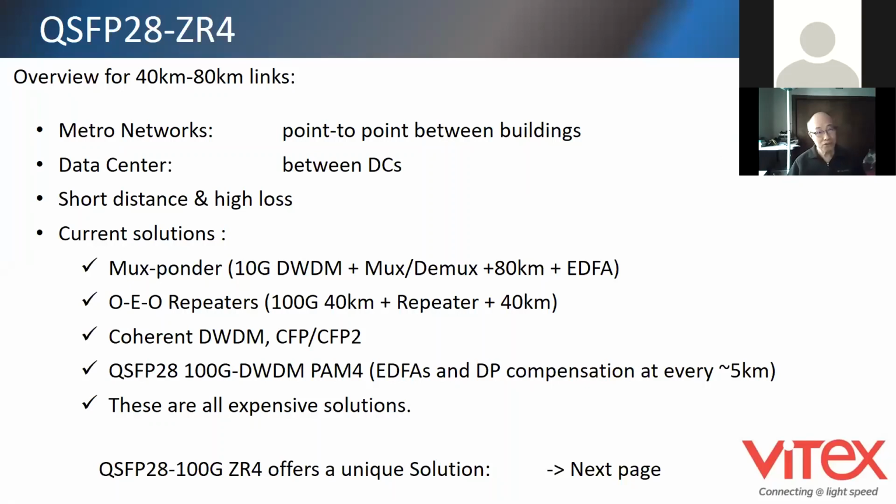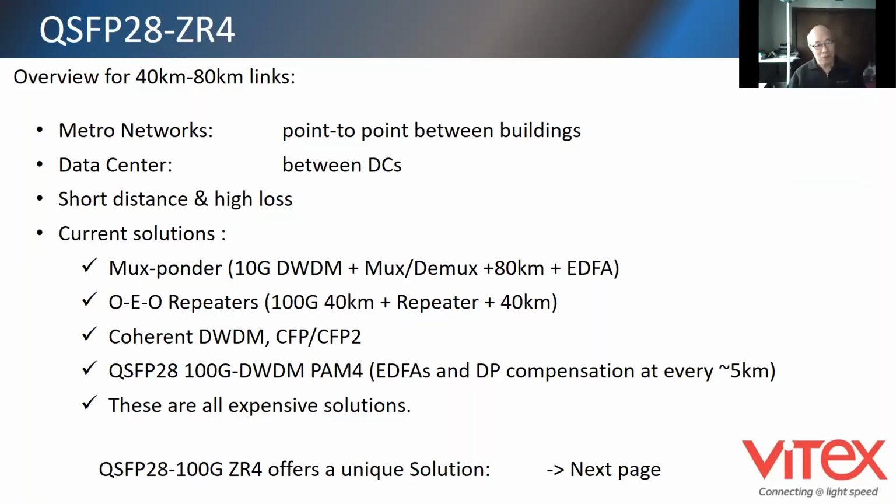The current solutions are, first, Mux Pounder, which uses 10G DWDM mux/demux going through 80 kilometers of fiber into an EDFA. The second one is a repeater, which we call OEO. The 100G data will go through 40 kilometers, through a repeater, and through another 40 kilometers of fiber.